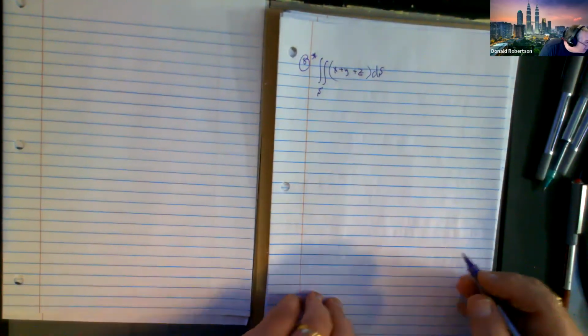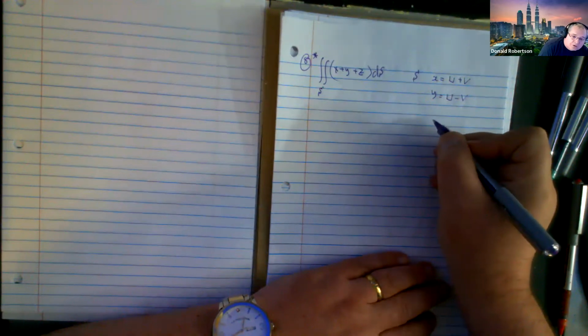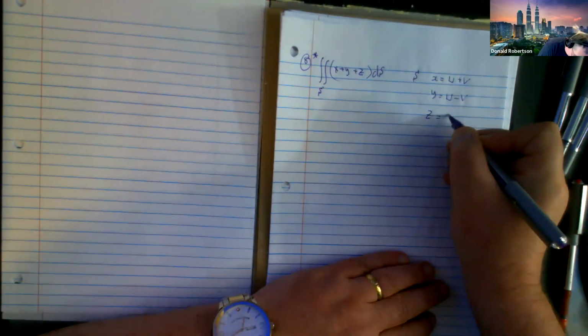S is a parallelogram with parametric equations u plus v, u minus v, and z is 1 plus 2u plus v. And we're also told that u goes from 0 to 5 and that v goes from 0 to 1.